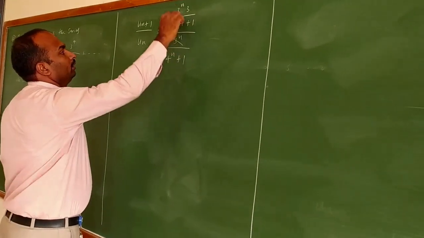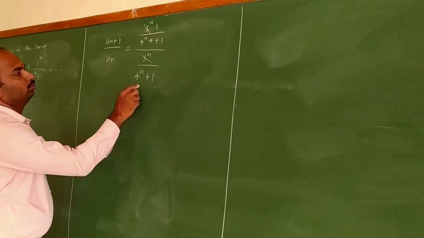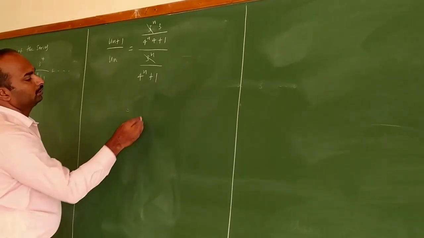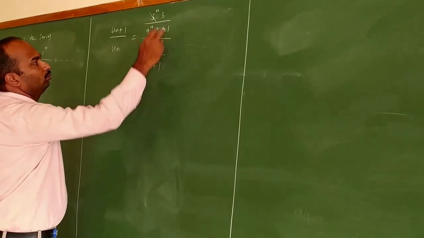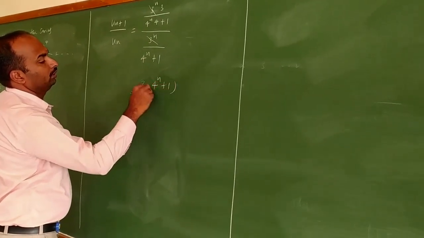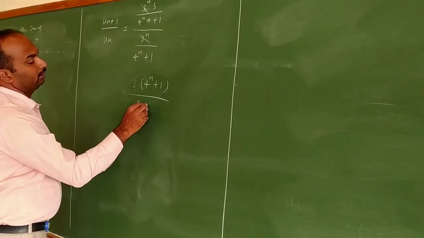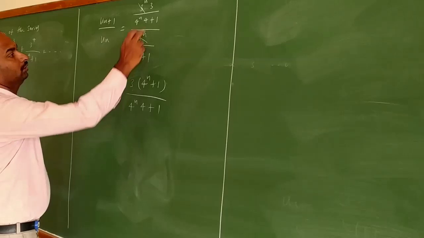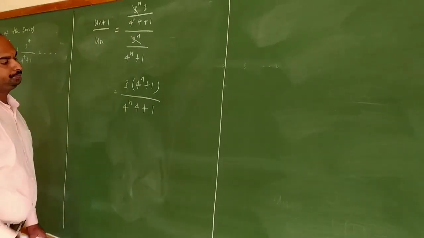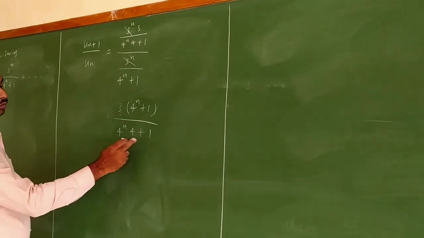This 3 power n and 3 power n gets cancelled. So this will move to the numerator, that is 3, and this will move to the numerator. It is 3 into 4 power n plus 1, divided by denominator 4 power n into 4 plus 1. This will come to the denominator. So I will take here 4 power n plus 1, 4 power n plus 1.